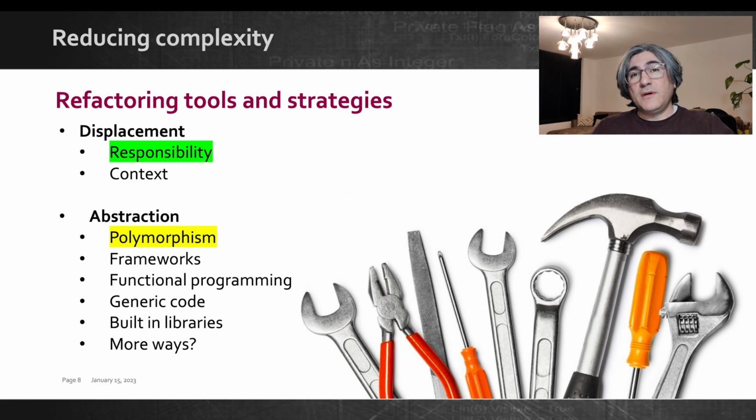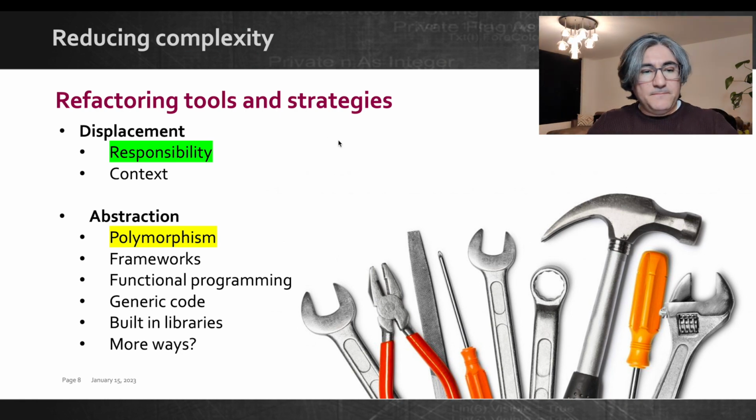Last time we talked about displacement of complexity using responsibility as our main method of removing the complexity from one place to another, and thus reducing the overall complexity. And today I'm going to handle abstraction using polymorphism to reduce the complexity.